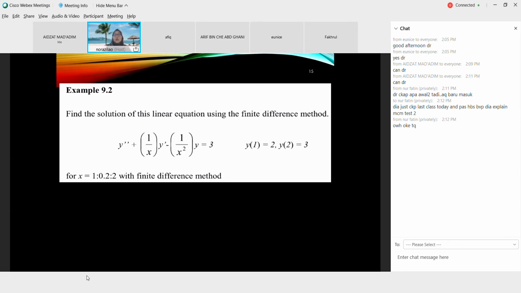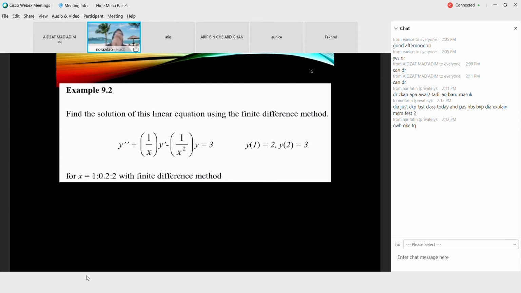First condition, y at x equals 1 is equal to the first condition. Second condition, y at x equals 2 equals 3. For a boundary value problem, you must write 2 conditions to make sure that this is a boundary value problem. If you only write 1 condition, I mark it wrong. It is compulsory to write 2 boundary conditions for BVP.